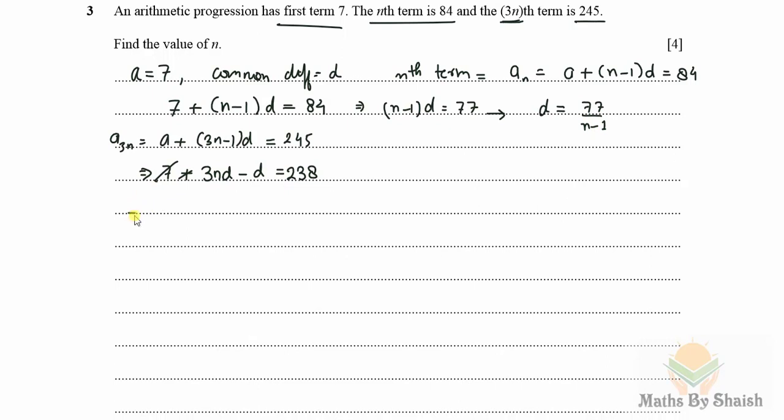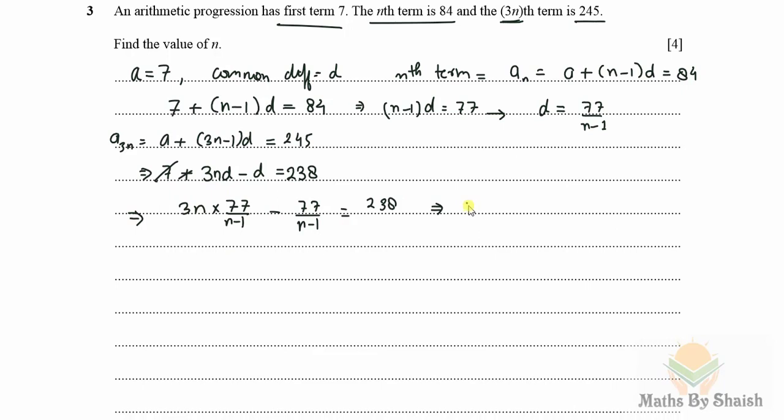So we will replace it here. It is 3n times 77 over (n - 1) minus 77 over (n - 1) is equal to 238. We multiply everywhere by (n - 1), so we will get 3 times 77.